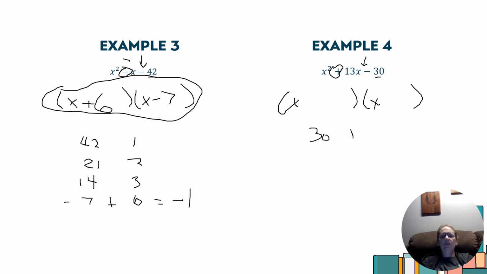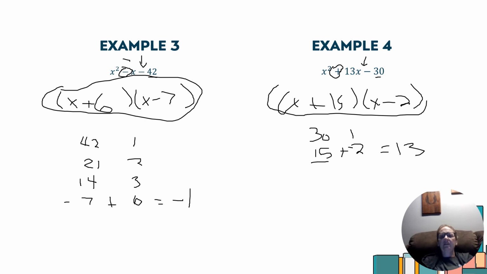So 30 and 1 do not subtract to 13. 2 and 15, however, do. So again, one is positive, one is negative. The larger term is going to be positive because when I add these together, I would get 13. So that's why the 15 is positive and the 2 is negative.